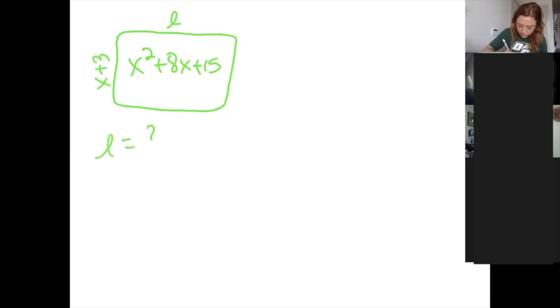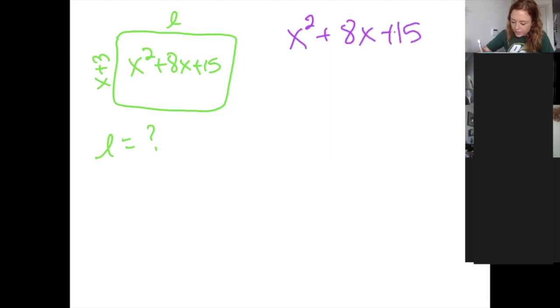So I taught you guys last week's video was over the shortcut when we have a leading coefficient of 1. I told you guys we could find the things that multiply to be C, and then the sign would tell us if they were going to add or subtract to give us the B value.